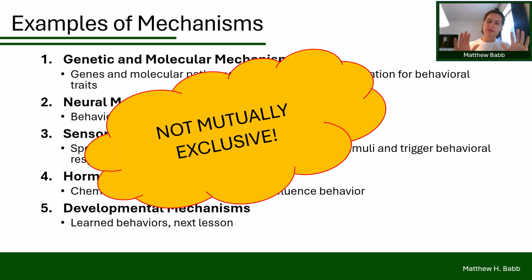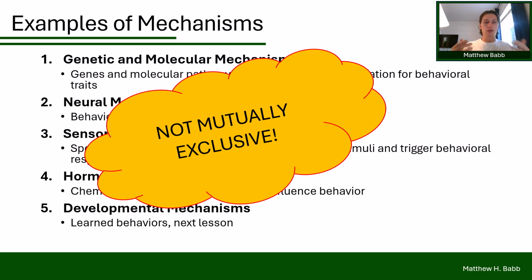But before we dive in too much, I do want us to remember that these proximate mechanisms are not separate individual buckets. They all work together. For example, when a bird sings in the spring, its behavior is shaped by neural circuits that produce the song, but those circuits could be activated by hormones like testosterone, which themselves could be regulated by the bird's development.